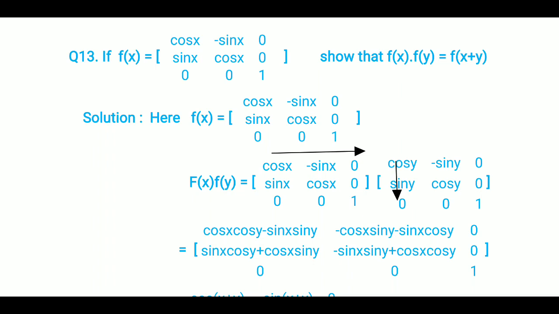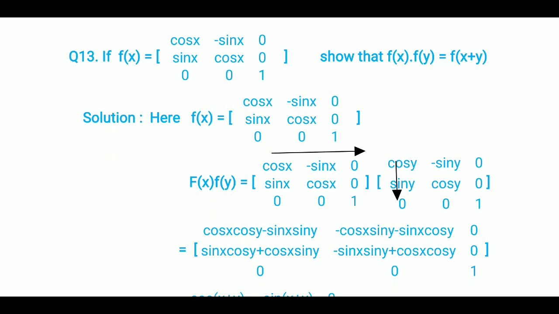Now multiplying row to column, row of first matrix multiplied with the column of post matrix. Cos x cos y minus sin x sin y plus 0. That becomes cos x cos y minus sin x sin y.